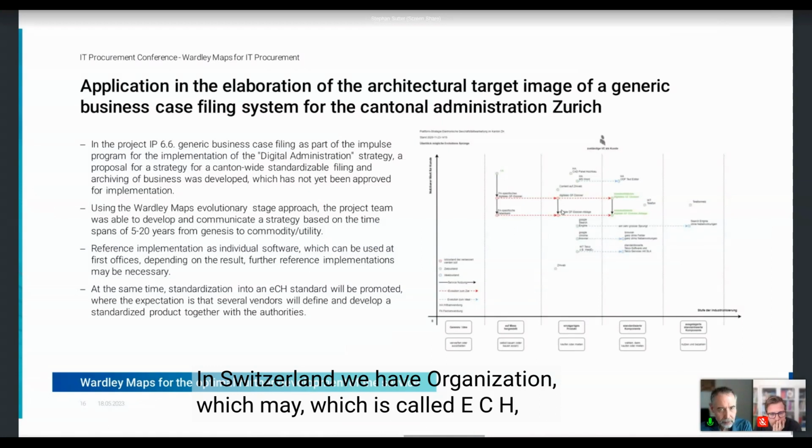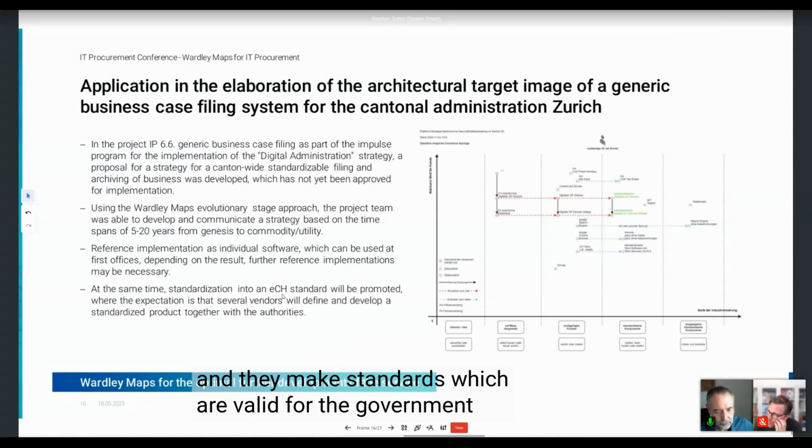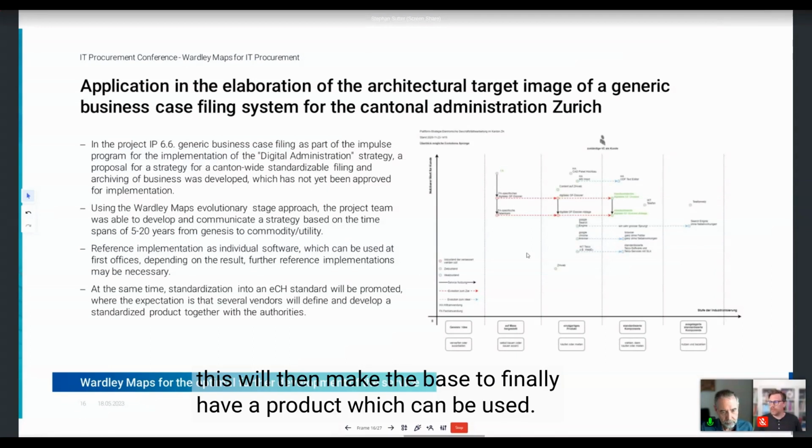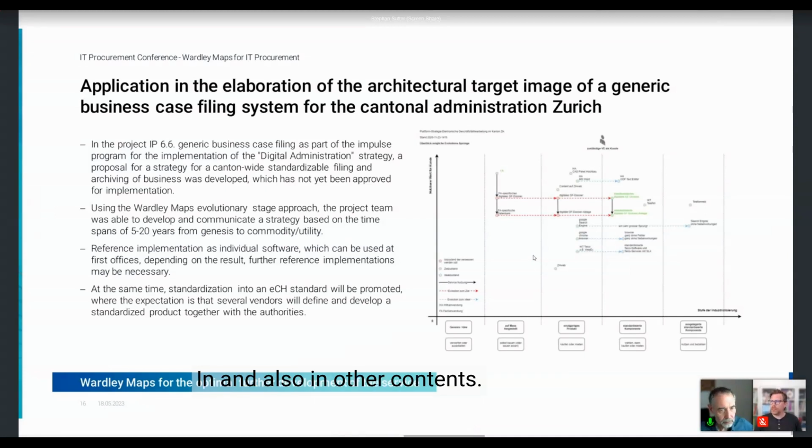In Switzerland, we have an organization which is called ECH, and they make standards which are valid for the government agencies of the whole Switzerland. And this will then make the base to finally have a product which can be used in Zurich and also in other cantons.